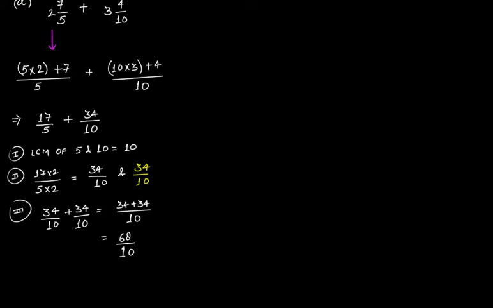What about the second way? The second way would be like this. Now you know that this can be written as 2 plus 7 over 5, and that's what a mixed fraction can be written as.